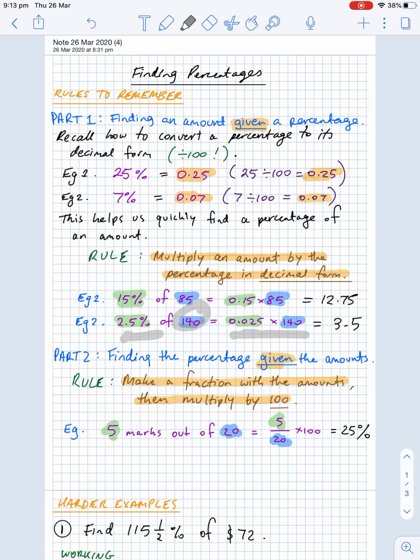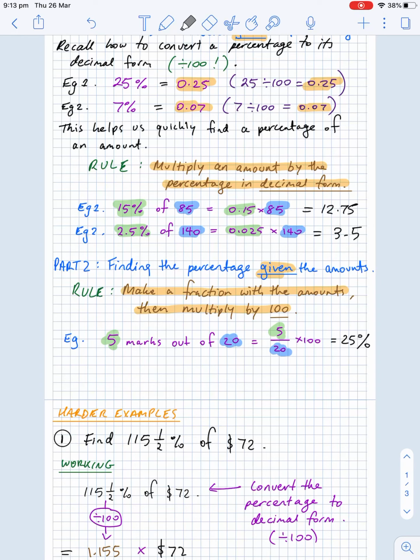So that's what we've got here, and you end up with 3.5. So that's the first sort of question. That's when you're finding a percentage of an amount. Notice I've given you a percentage. So that's when you know to change it to decimal version and then just multiply. Simple as that.